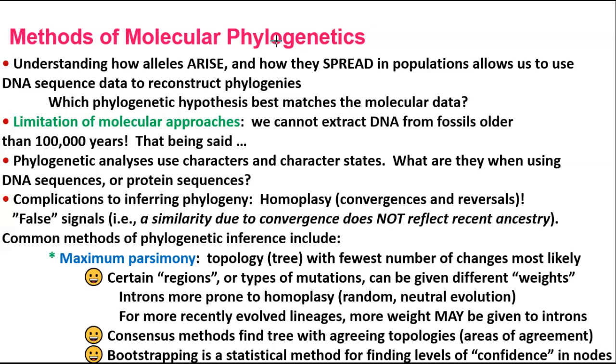So a couple components of this: certain regions of the DNA or certain types of mutations can be given different weights, different amounts of consideration as to the importance of that data. So, for example, introns are more prone to homoplasy because introns don't code for anything.